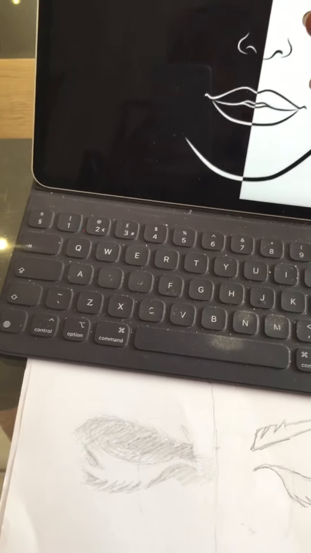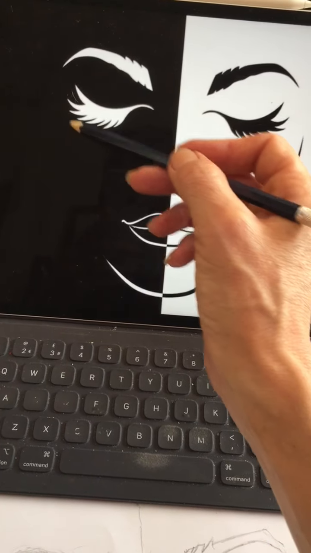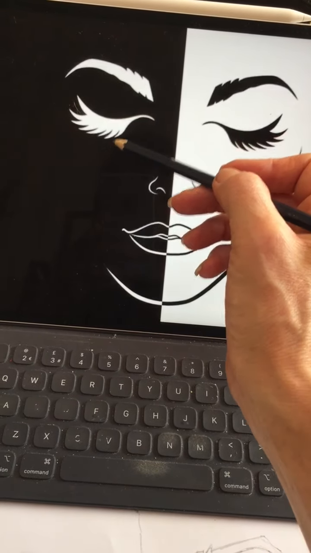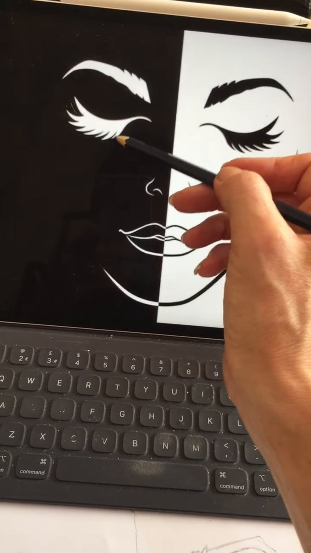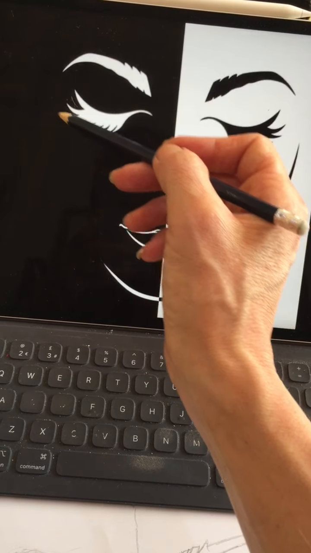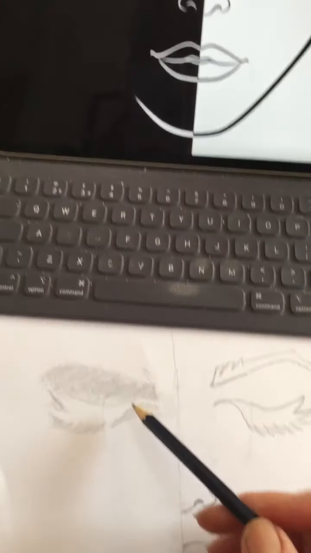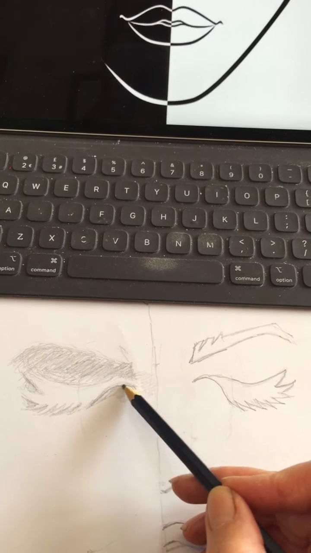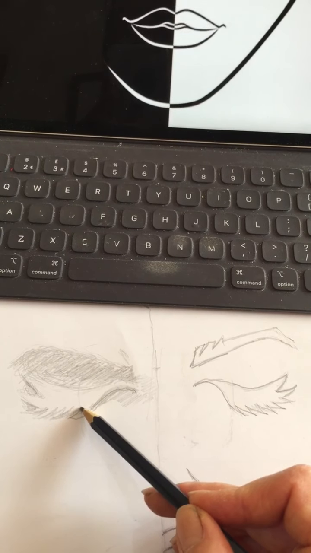And then underneath the eyelashes here, I want you to look at that shape. So almost like the head of a bird here, and then it's got those black V shapes coming in. So that's what I've done here as well. I've looked at this kind of shape, almost like the head of a bird.